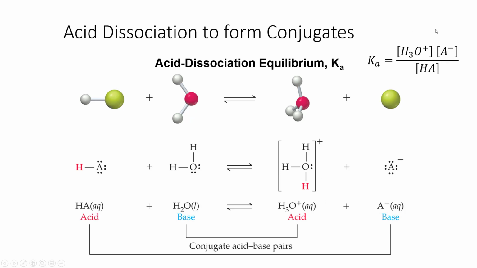That would make the numerator smaller and the denominator larger. So therefore Ka would be smaller for weak acids. And so the relative strength of various weak acids depends on this Ka value. The smaller the Ka value, the weaker the acid. The larger the Ka value, the stronger the acid.